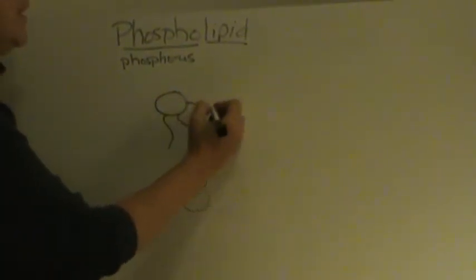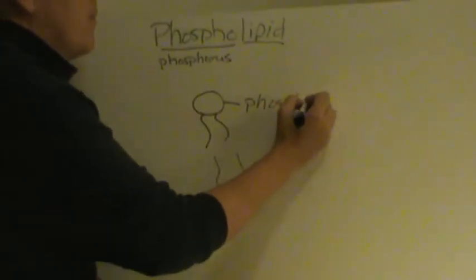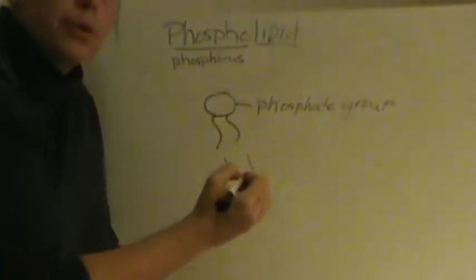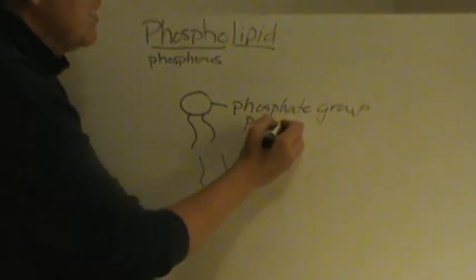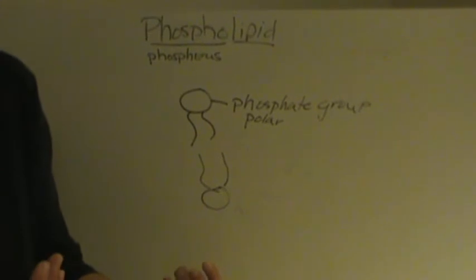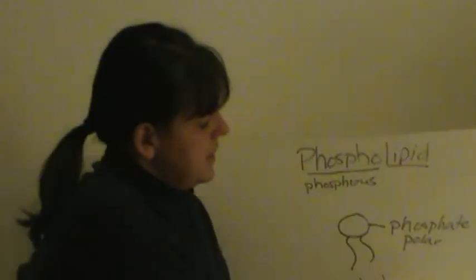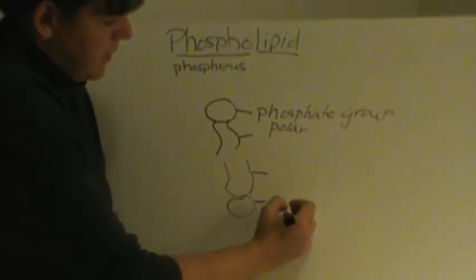And here is the phosphate group. And that phosphate group is polar. And polar means that it will have an affinity with water. It will bind with water.